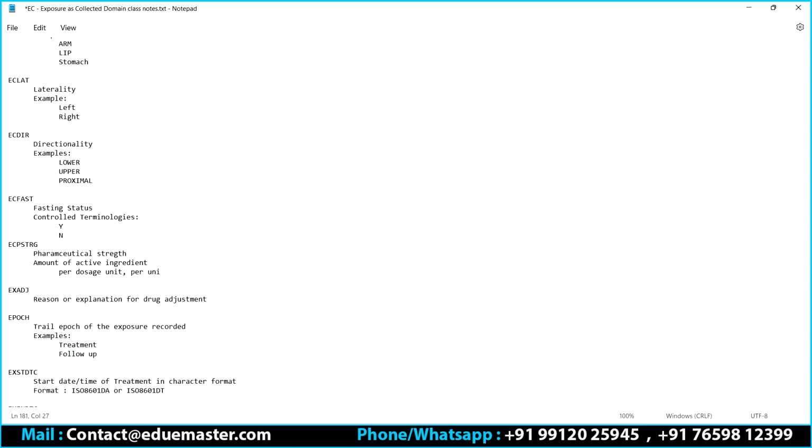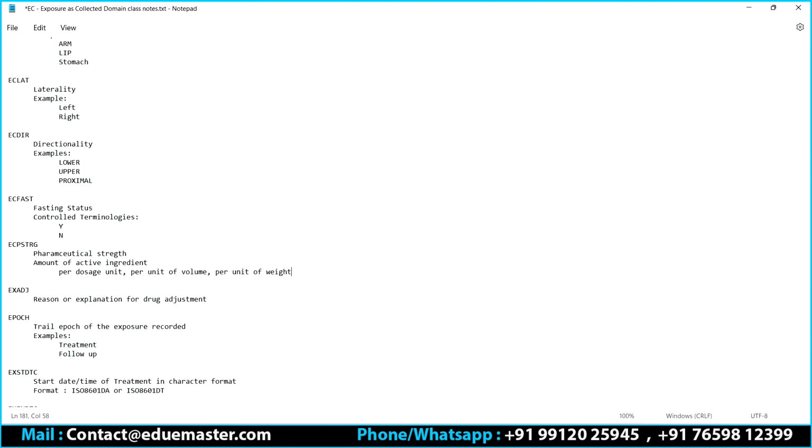First one is per dosage unit, per unit of volume, per unit of weight, or whatever is mentioned as per your pharmaceutical drug. It can be one capsule, or something like I have to take 5 ml of this particular one.